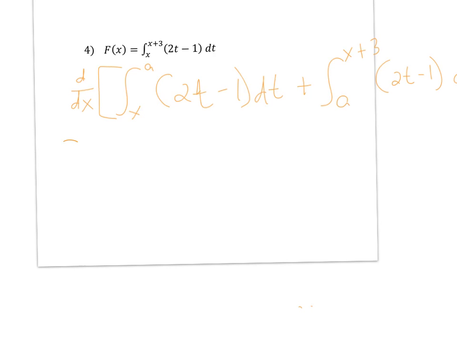So that's going to give me, okay, so we're still the derivative, d dx, and this time I'm going to take this piece and write it first. It's addition, so it doesn't matter what order it goes in. So a to x plus 3 up here, 2t minus 1 dt.